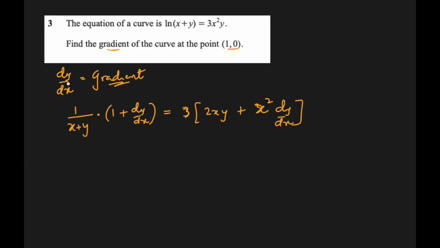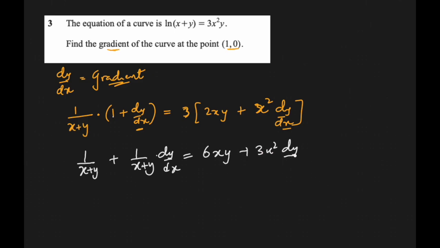And now our purpose is to find dy over dx by combining or somehow bringing them together. So let's open this bracket. 1 multiplied by 1 over (x plus y) will be 1 over (x plus y), plus 1 over (x plus y) dy over dx, equal to 6xy plus 3x squared dy over dx.